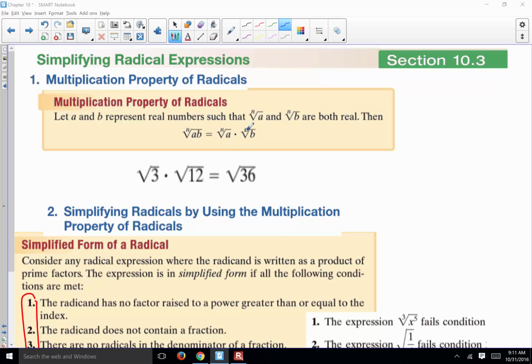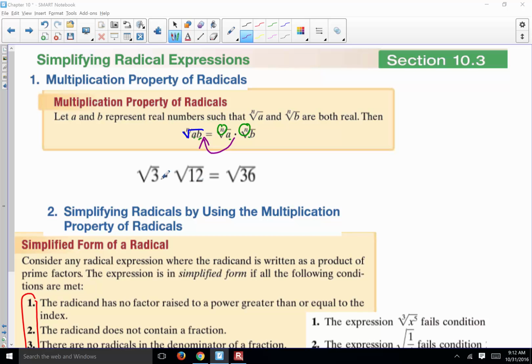Whenever you have two separate radicals with the same index, n and n, you can combine them under the same roof, as long as you multiply a and b and put them next to each other. We mostly use this rule backwards. You have two separate numbers, terms, or expressions, and you put them under the same roof.